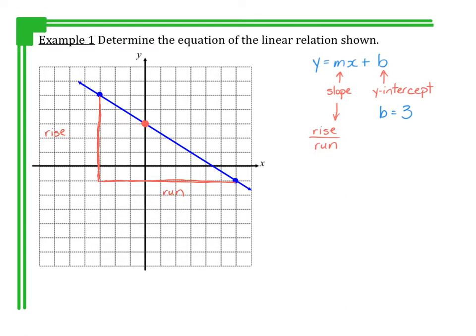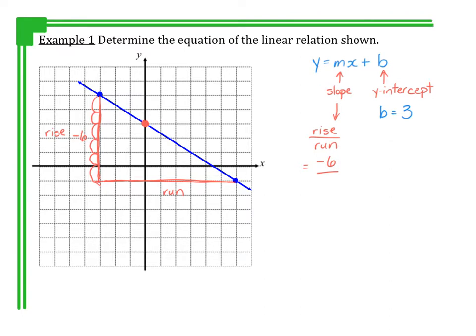I would have to go 1, 2, 3, 4, 5, 6 units down. Because we're moving downward, our rise is negative. So the rise of this line is -6, and I'm going to put that in the formula. Now let's determine the run.